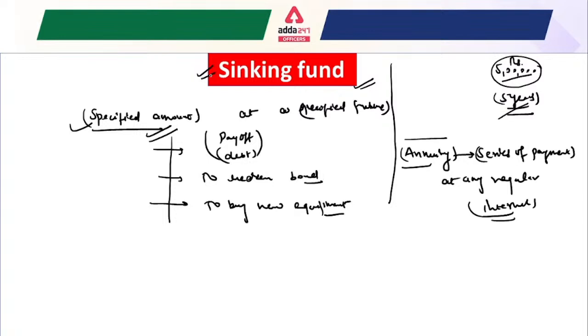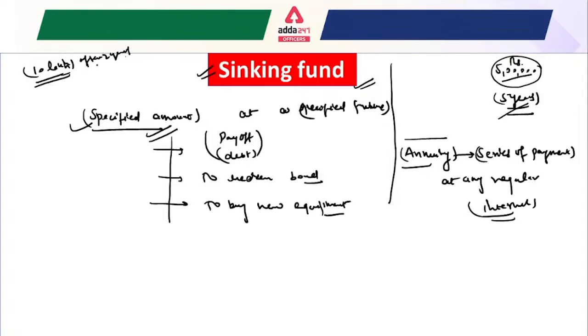Suppose that you want to purchase a car. Just take an example of yourself. Suppose that you want to purchase a car, and that car costs 10 lakh rupees. You want to purchase the 10 lakh rupees car after 2 years, right?